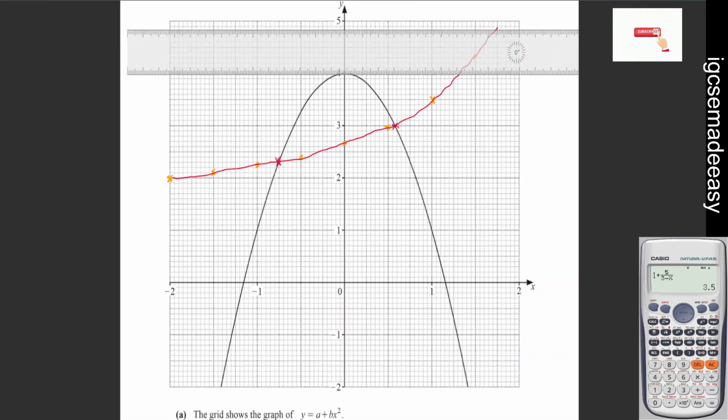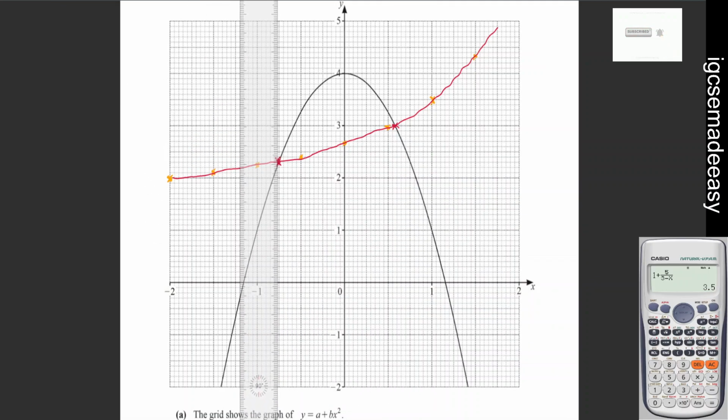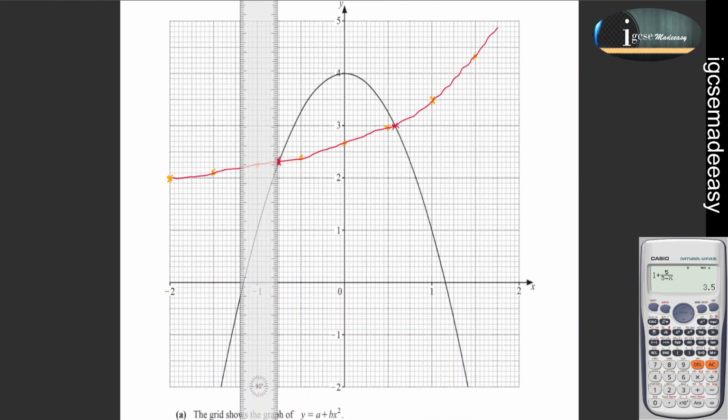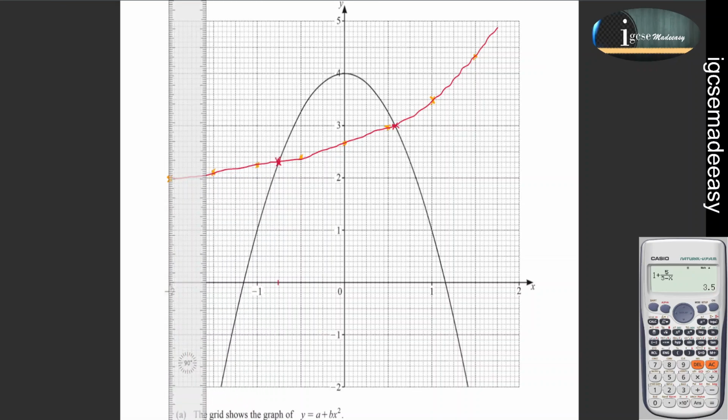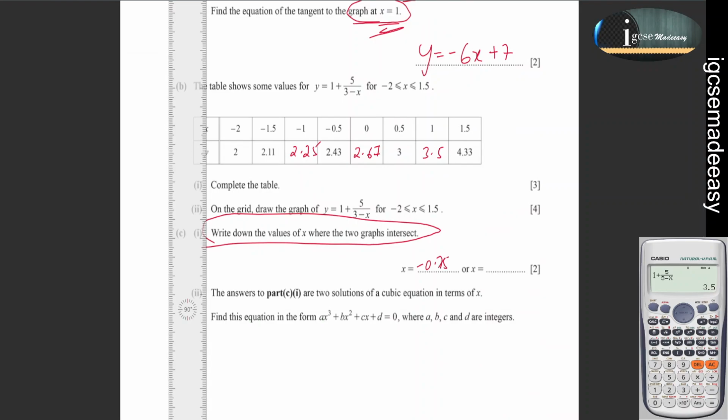We can use a scale to find the intersection point. So we can say 0, 0.5, 0.75, yeah, this is minus 0.75. That will be the intersection point, one value of x is minus 0.75.